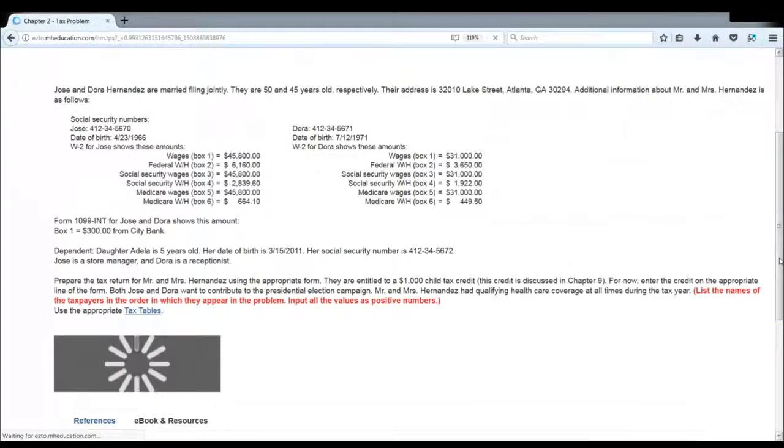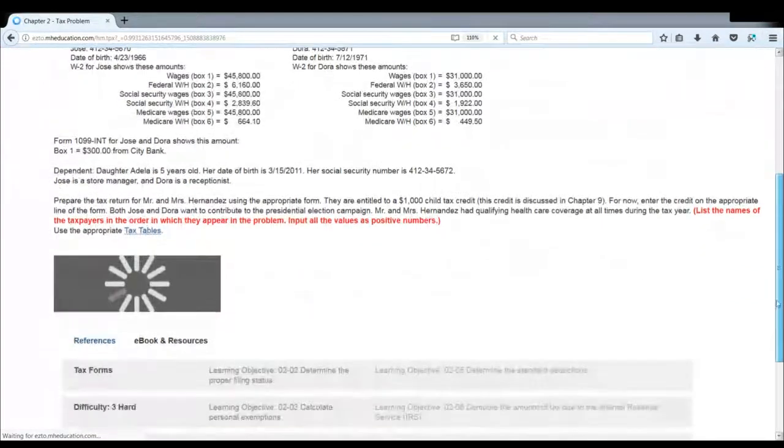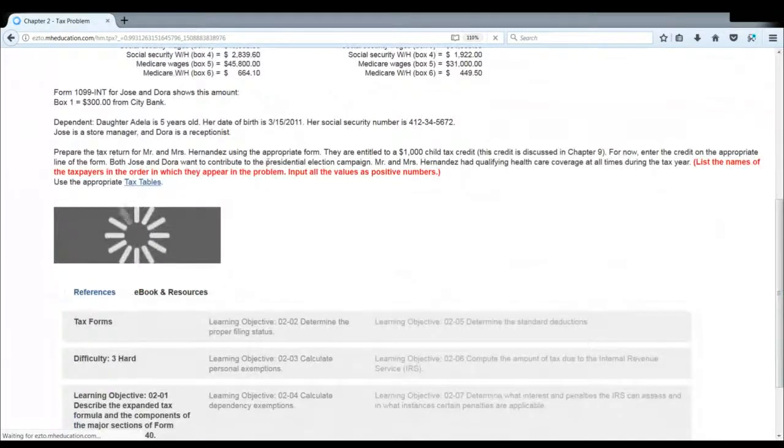So Jose and Dora Hernandez are married filing jointly. They are 50 and 45 years old, respectively. So what I normally do when I'm reading these type of questions, I like to read the question first, because what happens, especially on the CPA exam, is that they give you huge paragraphs of information that you don't need.